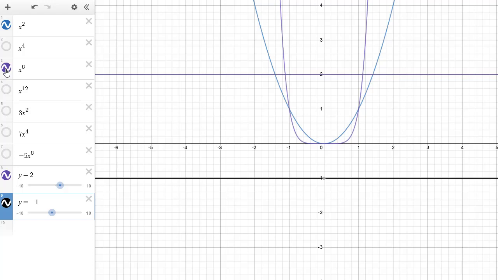Okay? Well, it turns out that still holds for these standard ones, y equals 2 and y equals -1. So let's go back to our blackboard and draw that.